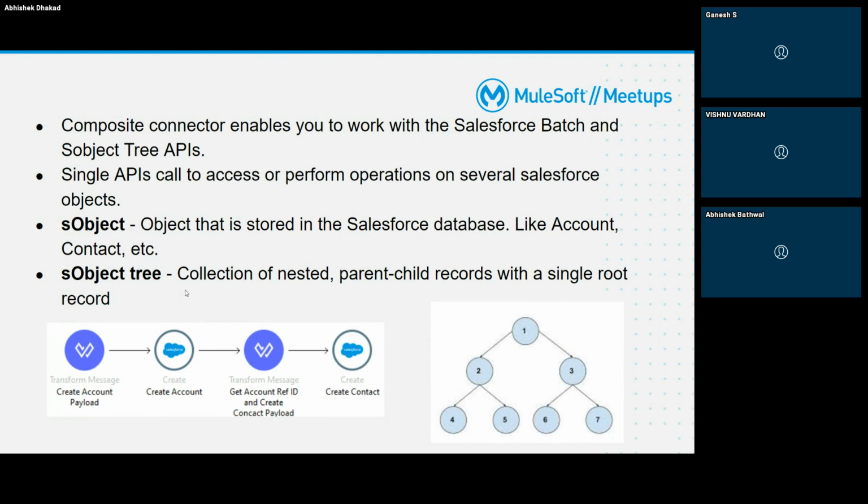It reduces the round trip calls, it reduces the number of rate limits consumed, and it improves system performance. In the previous meetup, we also covered how to connect to Salesforce using connected apps and all, so we are going to skip that part today.